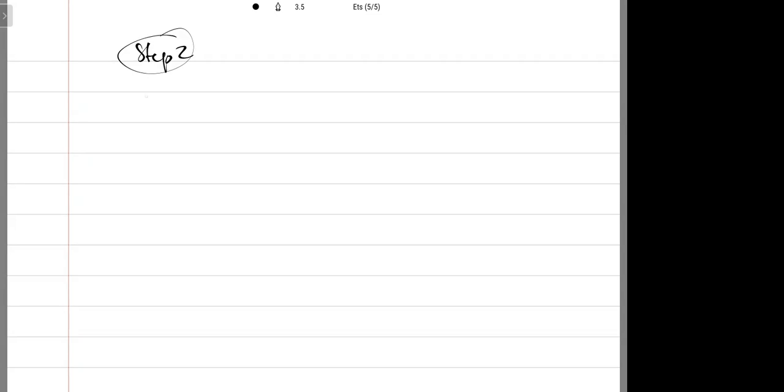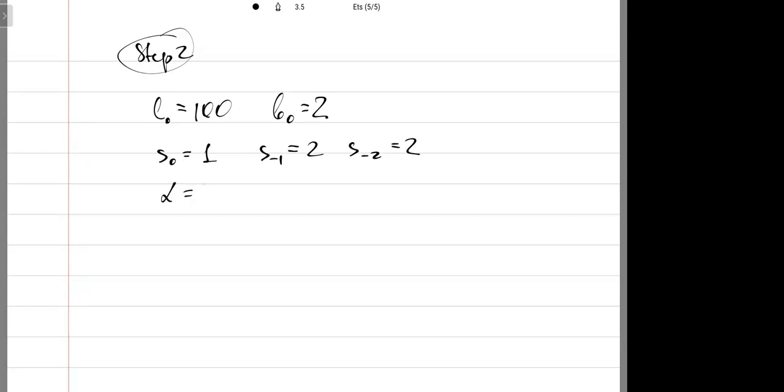Now, let's imagine that we have some estimates. So imagine that L0 is 100, B0 is 2, S0 is 1, S minus 1 is 2, S minus 2 is 2, alpha is 1/2, beta is 1/2, gamma is 1/2, and sigma squared is 4.